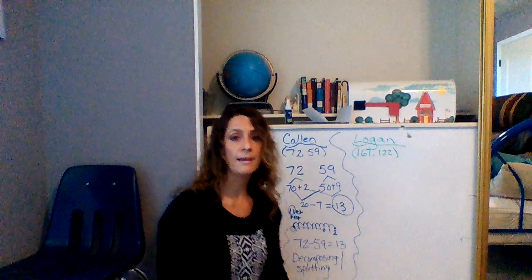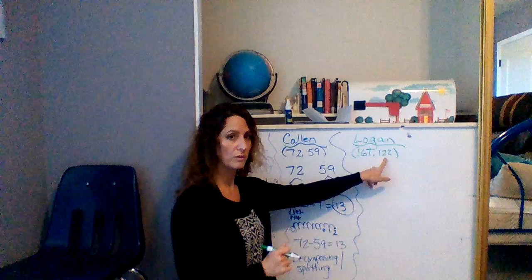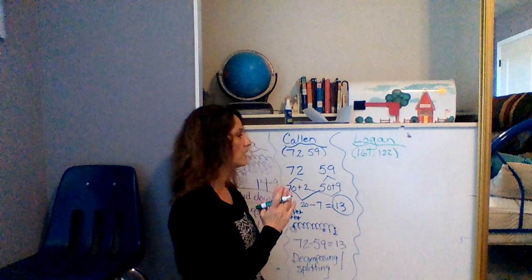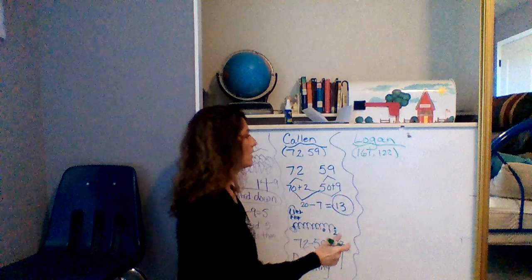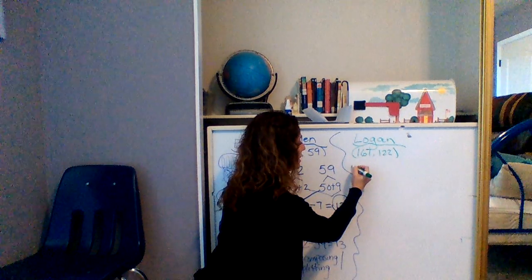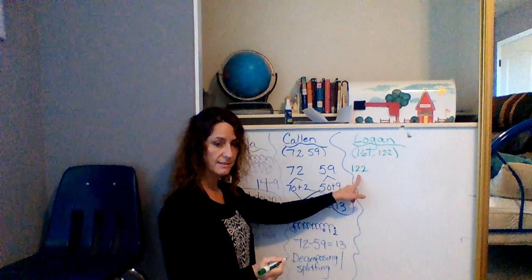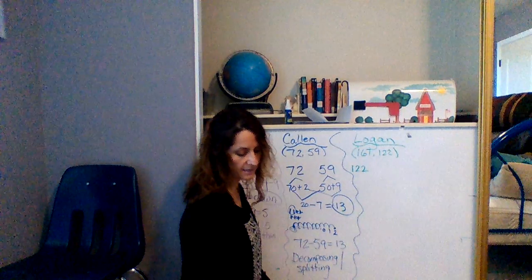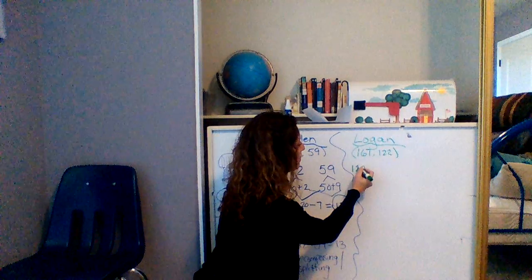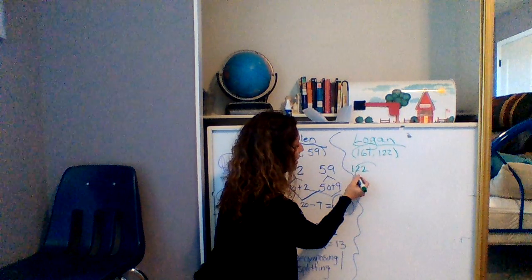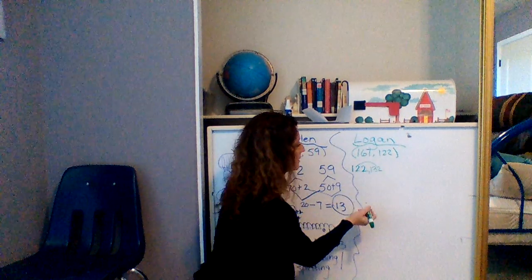Okay, so I think, Logan, I think what you did was you started with the 122, and you did maybe like a counting up. So let's see how you did a counting up to find your answer. So Logan started with 122, and he started with his tens, he said. All right, you said I added the tens up to 60. So if we go 10 more, that would be 132.